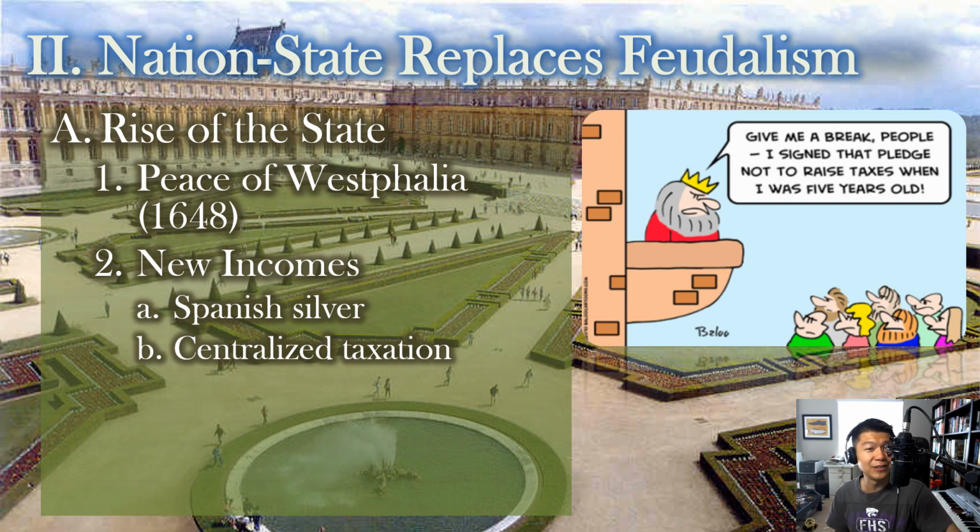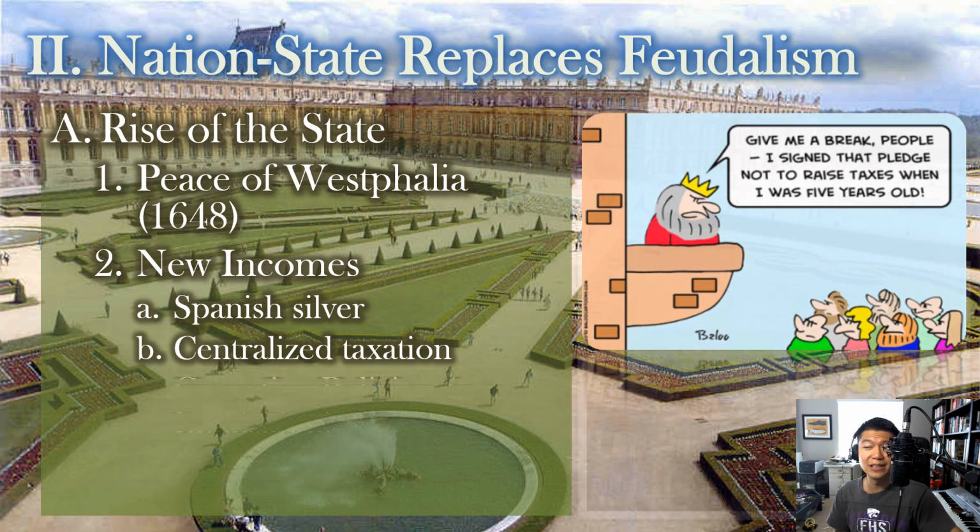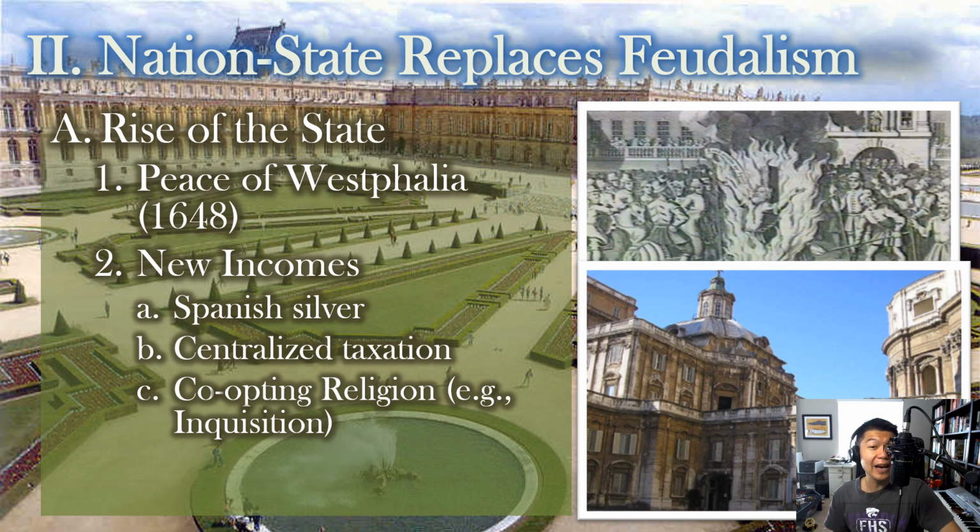Again, they're now able to hire more men for their own wishes. And as the Catholic Church is being challenged by Protestantism, states and kings are going to go to the church and say, hey, we can help you. We can help you deal with your enemies or those who are challenging your authority. And a really good example of this is the various inquisitions that are created.